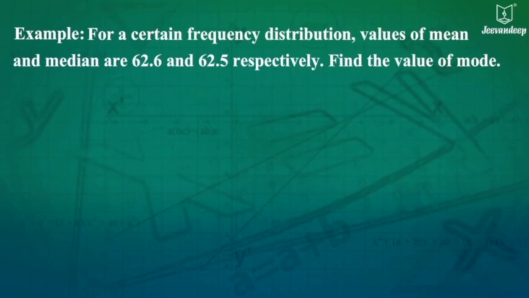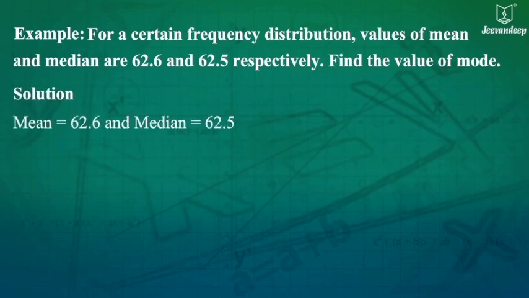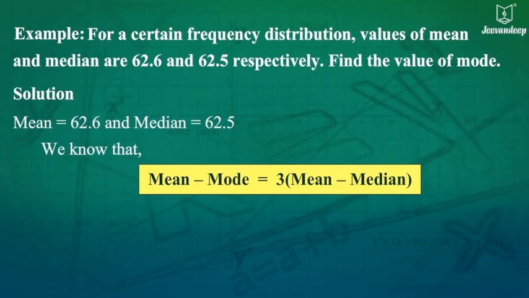Example: for a certain frequency distribution, values of mean and median are 62.6 and 62.5 respectively. Find the value of mode. Solution: mean equals 62.6 and median equals 62.5. Mean minus mode equals thrice of (mean minus median).